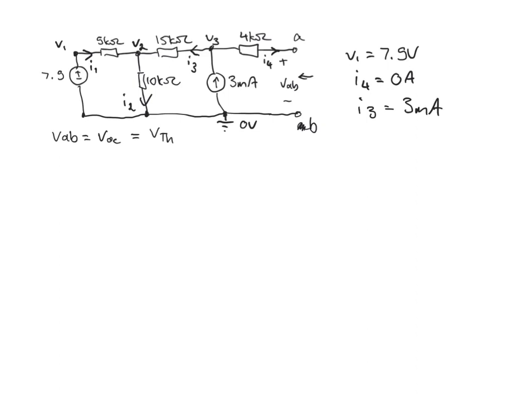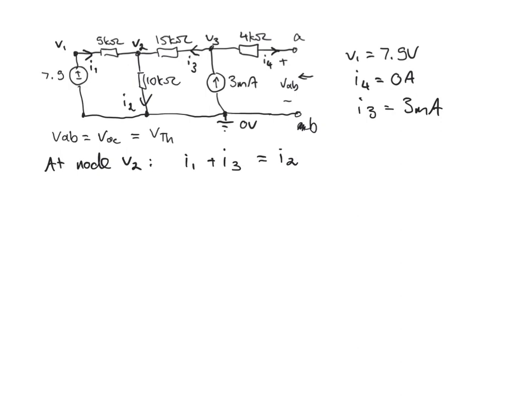Now applying nodal analysis at node V2, we first find the Kirchhoff's current law equation, and we can see we've got flowing into V2, I1 plus I3, and flowing out, we've got I2, so I1 plus I3 must be equal to I2. And then we write these currents in terms of the node voltages.